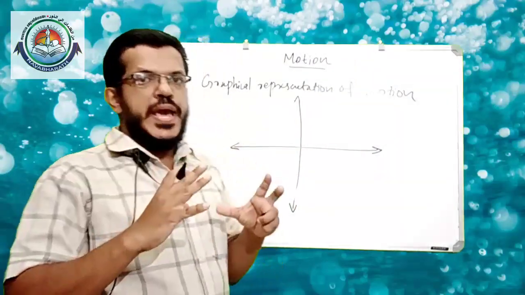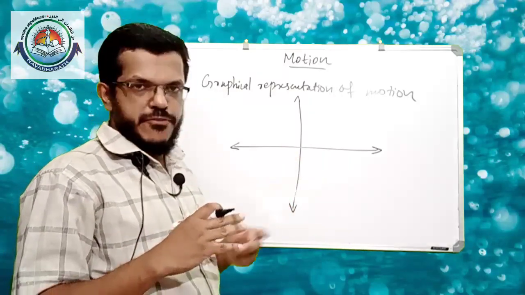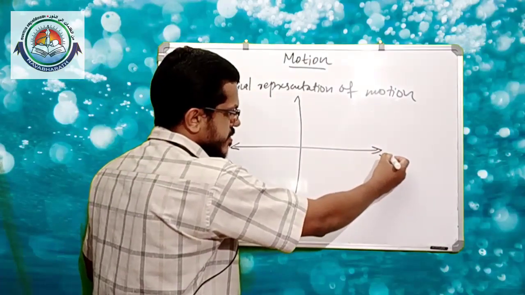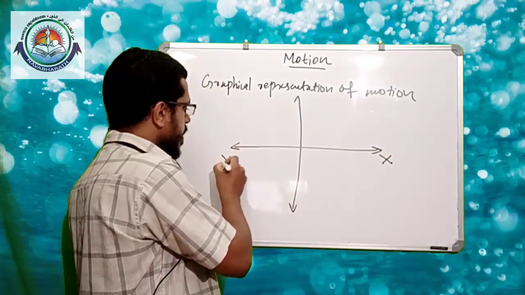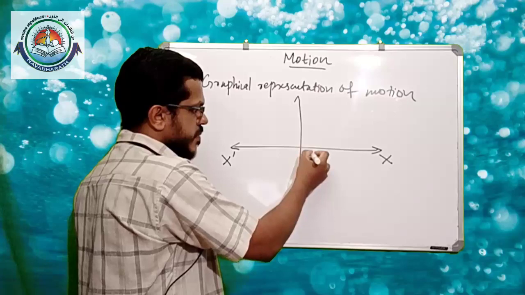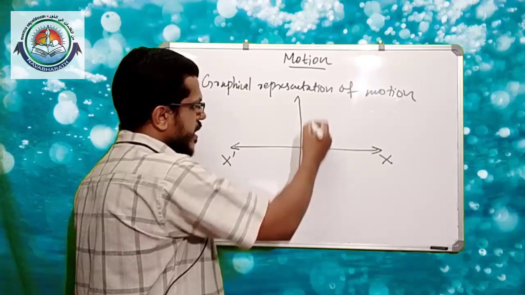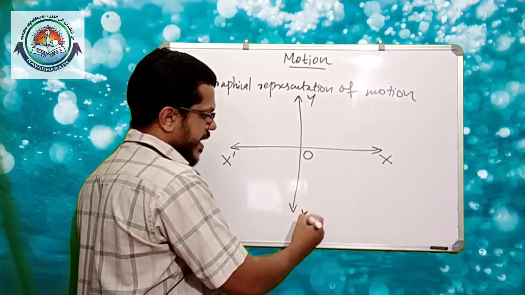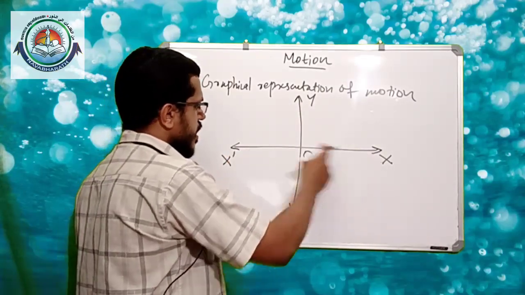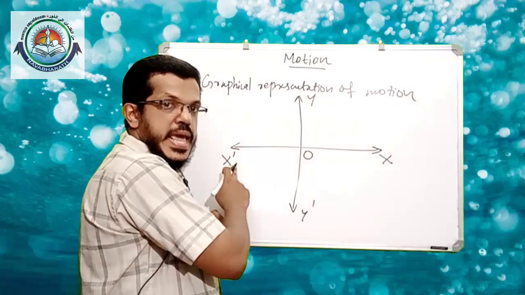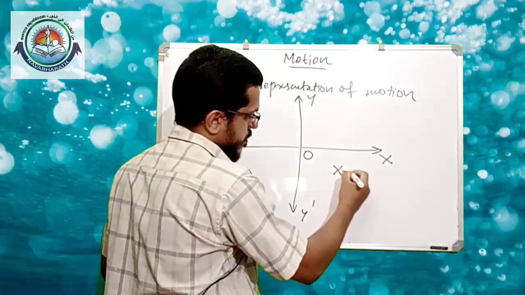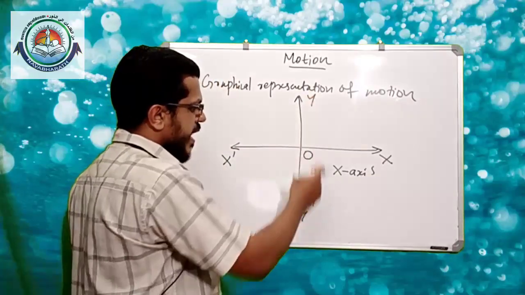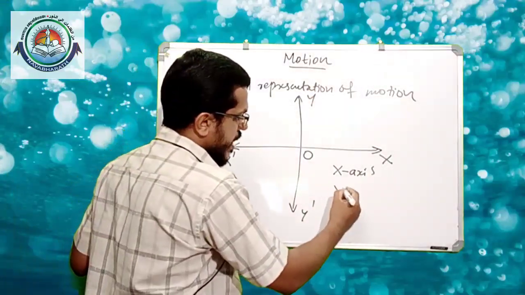Simply we can represent a graph, and it is represented by letter X, and on this side X dash, and here is represented by O, and the vertical line can be represented by letter Y, and here is Y dash. X dash X is known as the x-axis, and the vertical line Y dash Y is known as the y-axis.